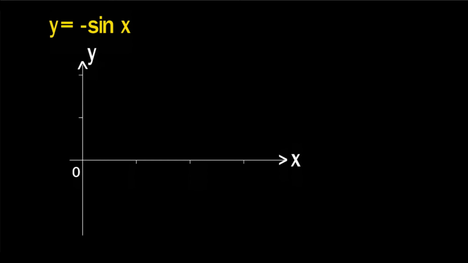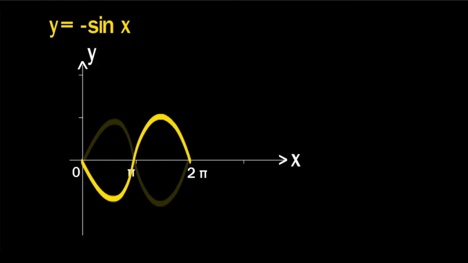So let's say we have 0, we have 2 pi. So the sine x graph looks like this. Now we have a negative sign, which means that we flip. The positive value will become the negative value. So the actual graph looks like this. The actual graph looks like a reflection on the x-axis.